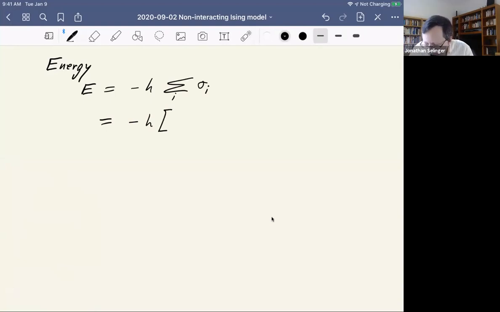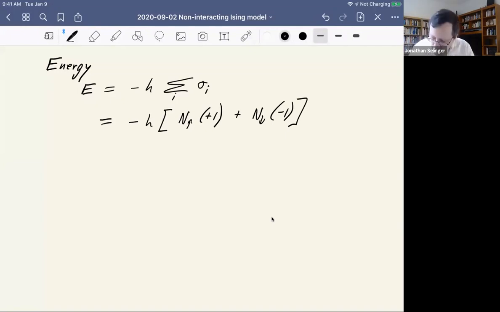And how many sites are there like that? Well, n up of them. So there's n up sites with a +1. The other remaining sites, there are n down sites where the sigma is -1.